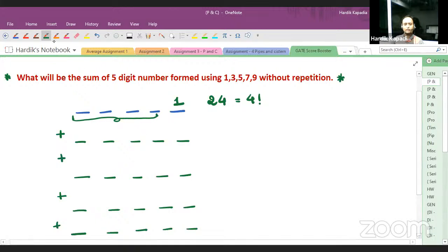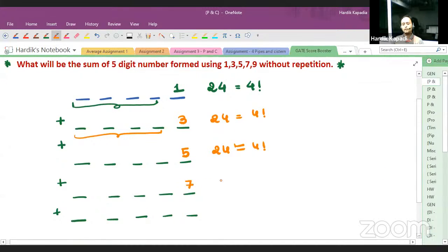Now if I fix 3 over here, then also there are total 24 ways, that is 4 factorial ways. If I fix 5, then also 24, 4 factorial. If I fix 7, then also 24, 4 factorial. And if I fix 9 over here, then also there will be 4 factorial ways.